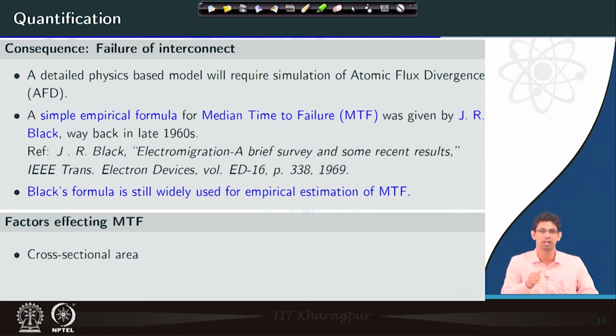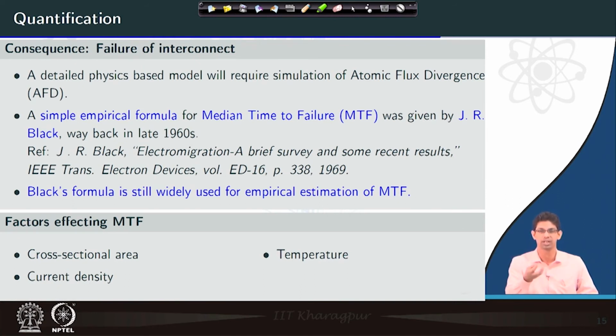What else? The current density. If your current density is more, then your metal is more likely to erode and result in electromigration. So current density should be a factor. What else? Possibly temperature, because as we saw, the process is a statistical process.